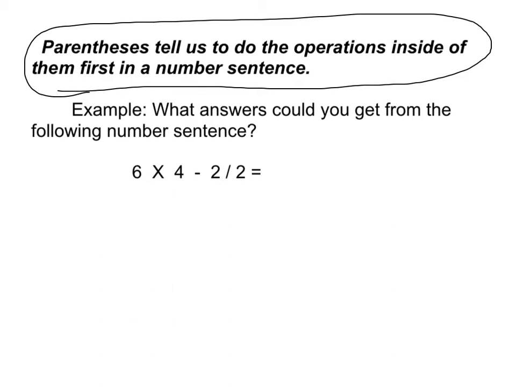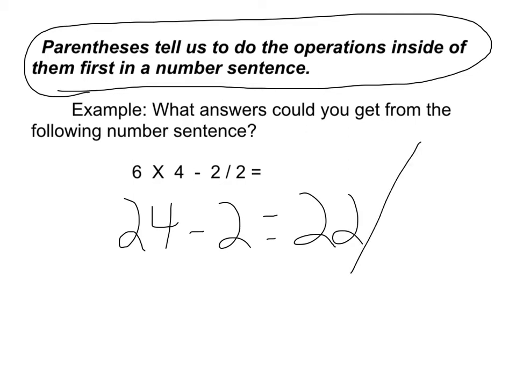If I look at this number sentence and read it just like a sentence in a book, I go from left to right. 6 times 4, well, that would give me 24, minus 2, that would give me 22, divided by 2, one possible answer I could get is 11.